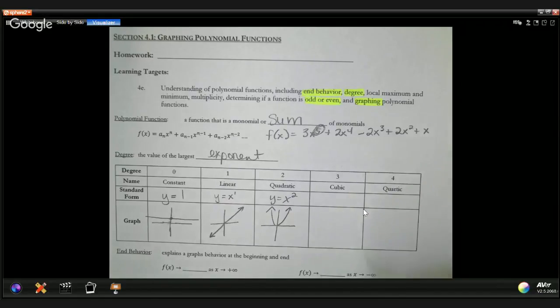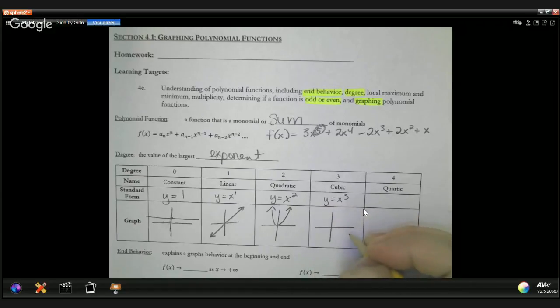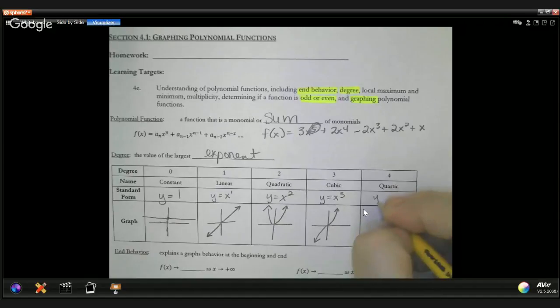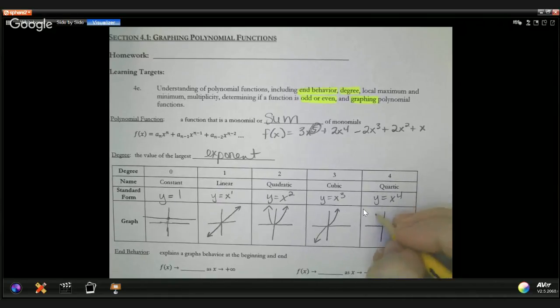And then we have cubics. Cubics also pass through the origin. They kind of have a little turn. And then we have quartics, which also pass through the vertex.